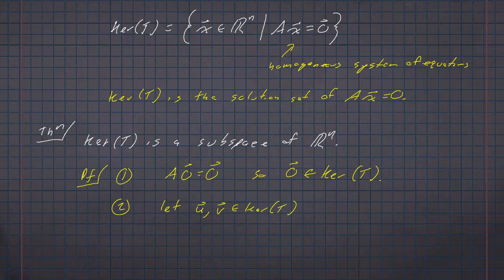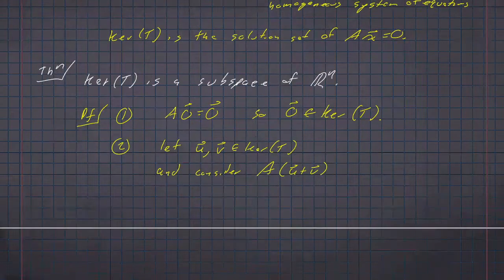Let's now take a couple of vectors, u and v, out of the kernel of T, and consider A times the sum u plus v. We know that matrix multiplication distributes, and vectors are really just matrices. So this is going to distribute. You'll get A times u plus A times v.